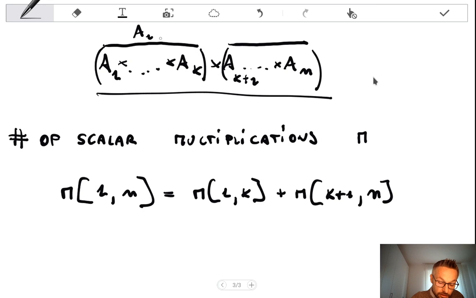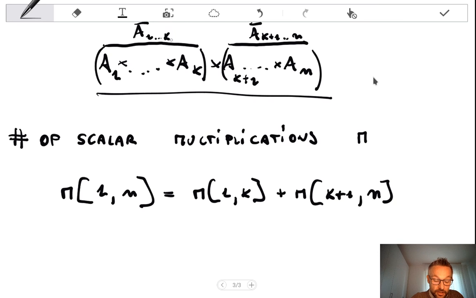Now we have computed, let me call it, a1k, and this will be a k plus 1 n. So these are two new matrices. Now we have to add to what we wrote here the number of scalar multiplications required to multiply this new matrix with this new matrix.